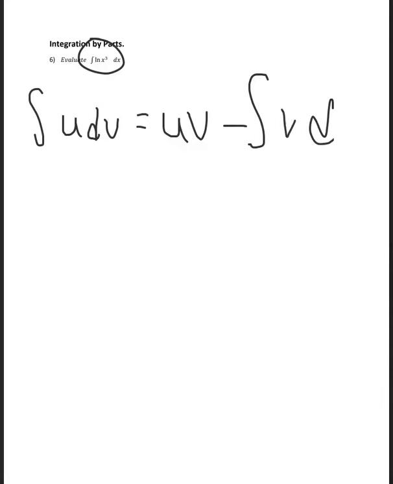So again, it looks kind of convoluted at first, but as long as you start identifying the u's and v's in the right places, it becomes not too bad. So a little tip for how I do it. You always start with the problem, of course. So let me write that. The problem is the integral of ln of x cubed dx.